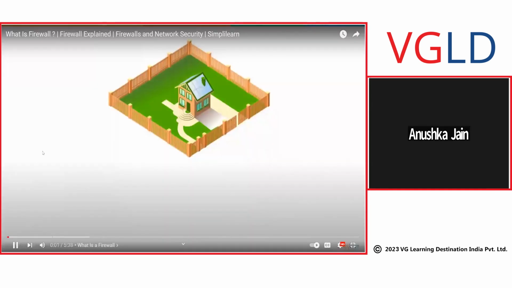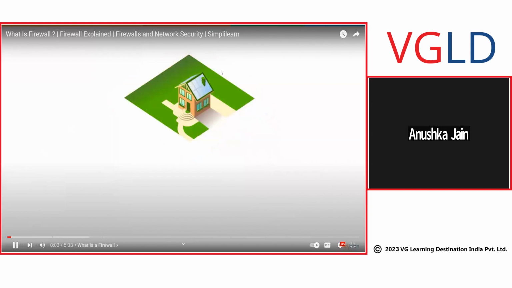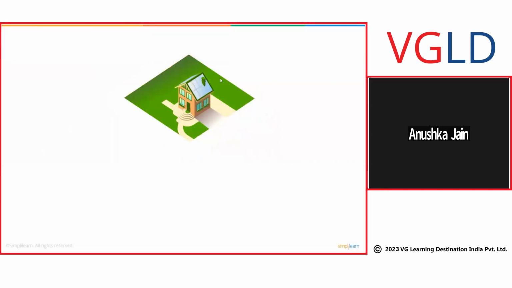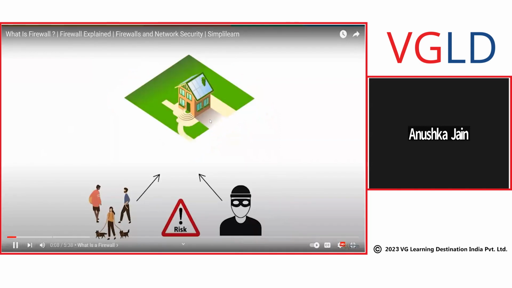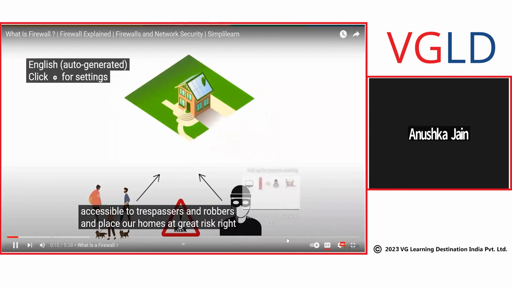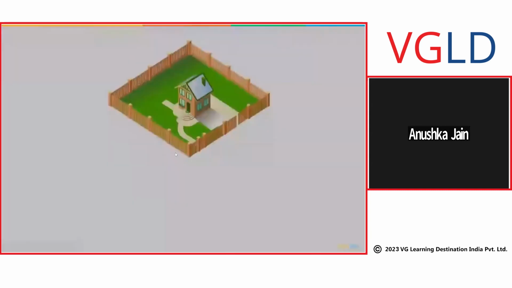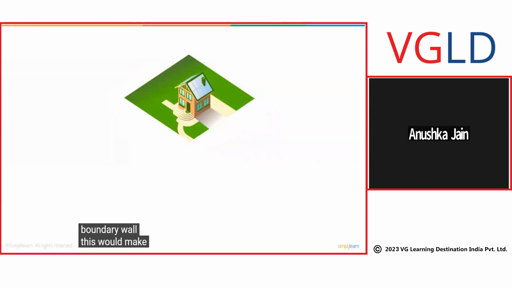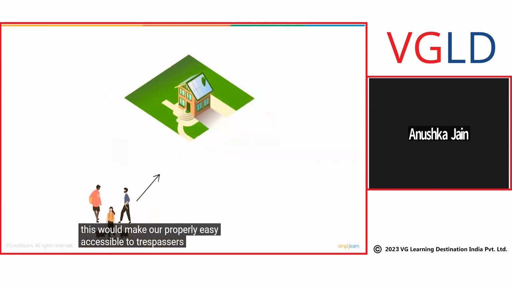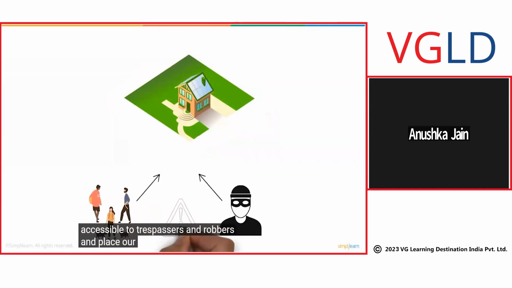Imagine our houses without a fence or boundary wall. This would make our property easily accessible to trespassers and robbers, and place our homes at great risk, right?